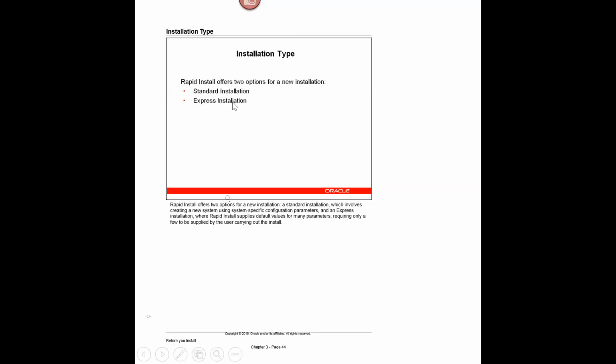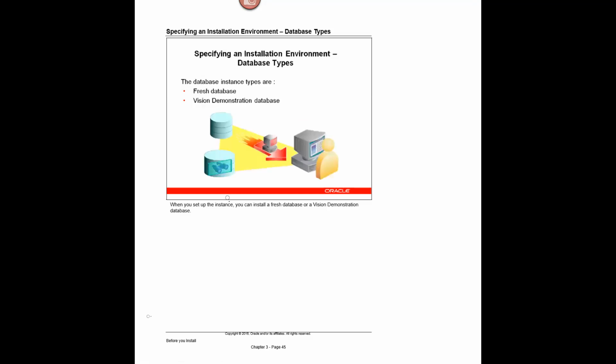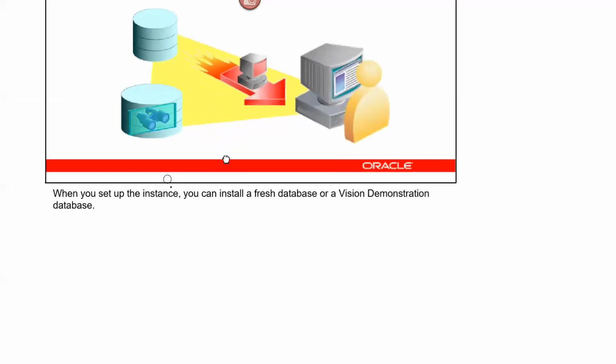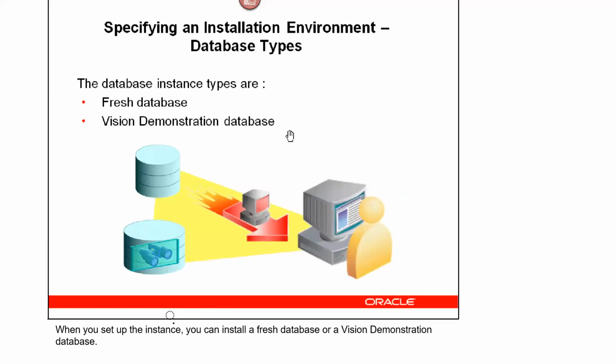So it will ask you whether you want to go with a standard installation or an express installation. We haven't covered the express installation; I'll cover that. It will ask you whether you want a fresh database or a Vision database. I selected fresh database.